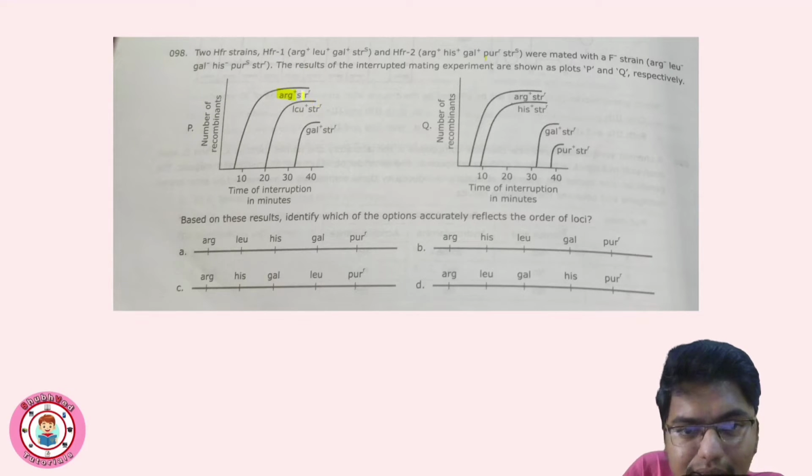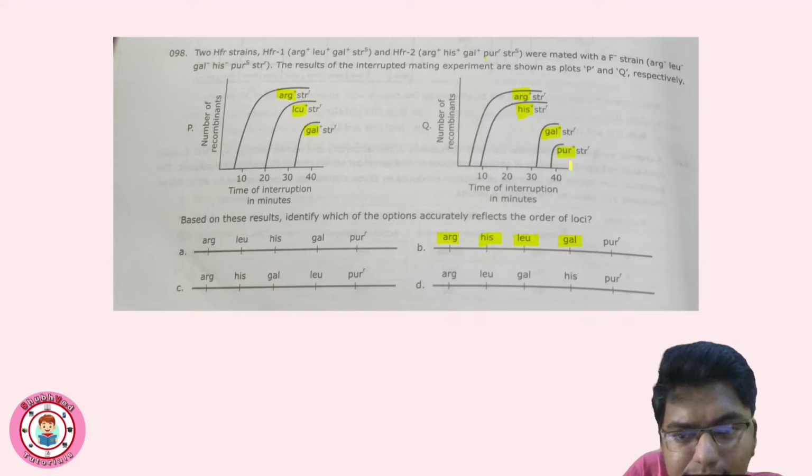So first is arginine, then the second will be histidine, at 10 minutes. After 20, it is leucine. So first arginine, second histidine, then leucine. The fourth one will be galactose.